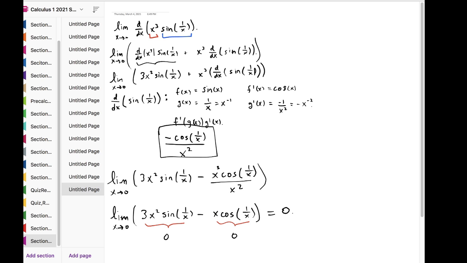However, for x sine of 1 over x, the curve isn't flattening out. The curve is squeezing towards a straight line rather than a flat line. So, questions about that? Just to see the intuition.